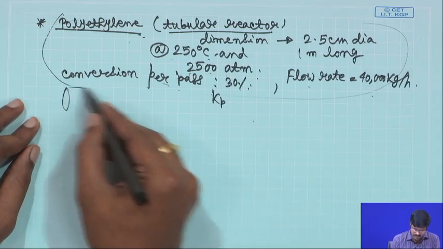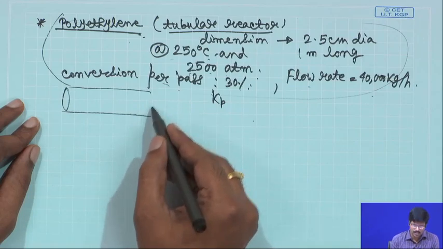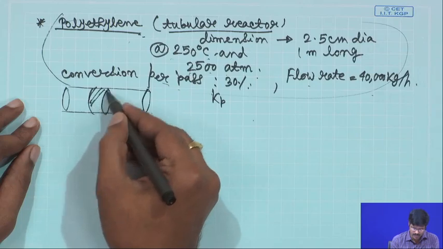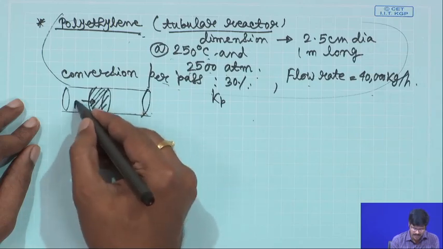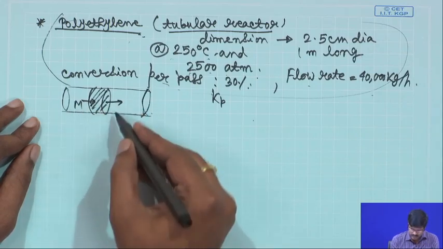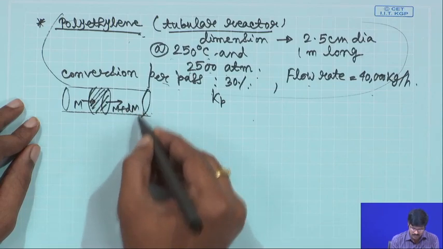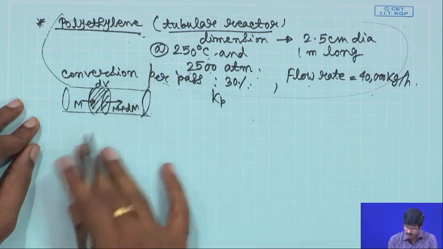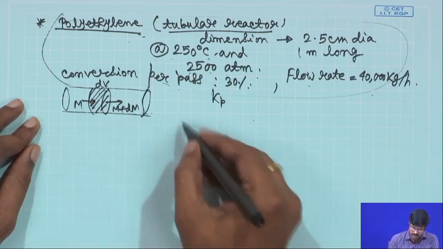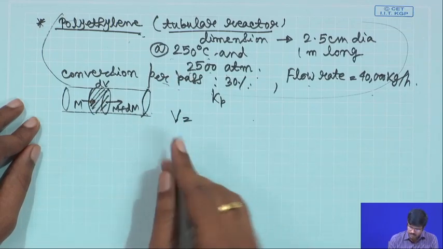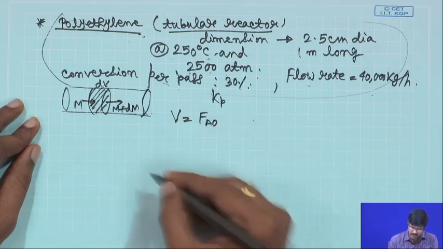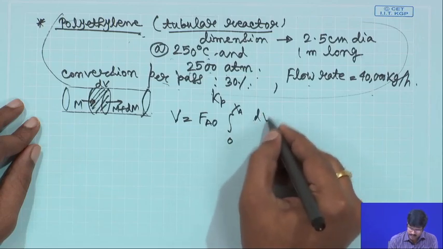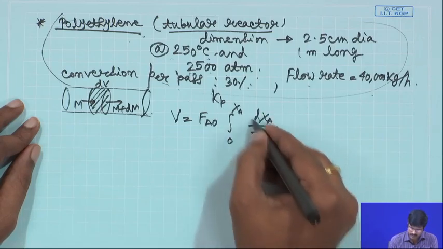So, remember that this was the plugged flow reactor that we talked about, and then if you have a small volume element here, say mass m is going in and m plus dm that is going out, so molar flow rate in, molar flow rate out, so on and so forth, and this dV is the volume of this. Now, if you write down the design equation here, if you remember, it is Fa0 into integral 0 to xa dxa divided by minus Ra. This was the design equation.